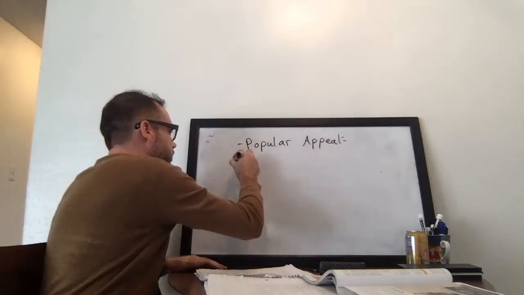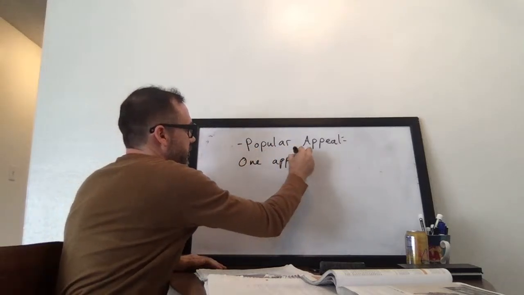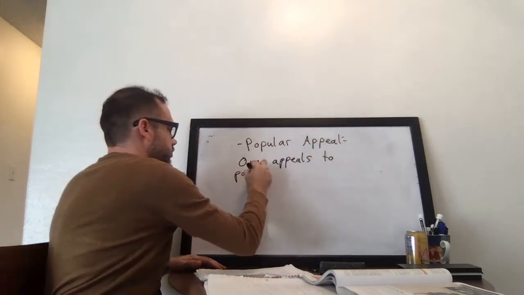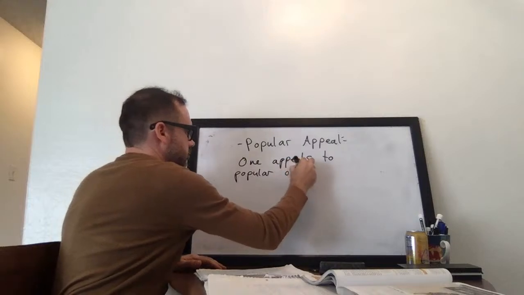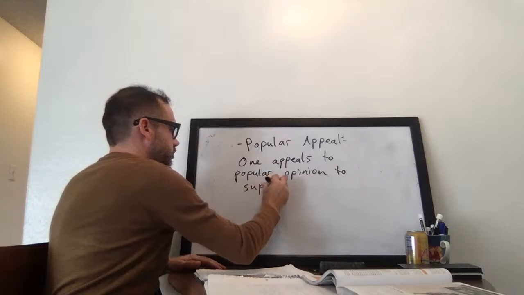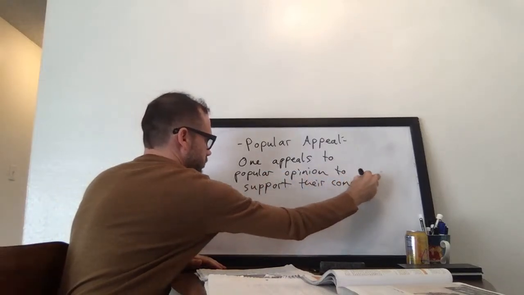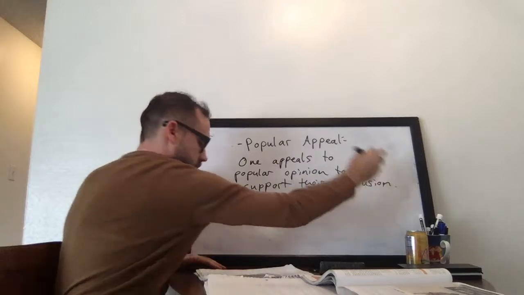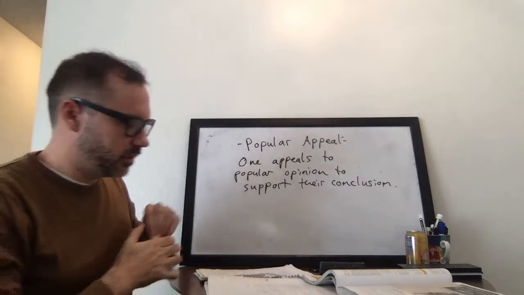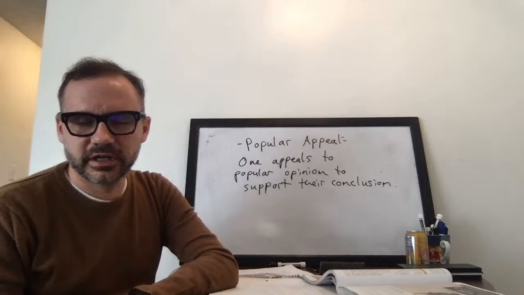So as I was saying, it's when one appeals to popular opinion to support their conclusion. Sometimes people think that if something's popular, that must mean that it's true or correct.